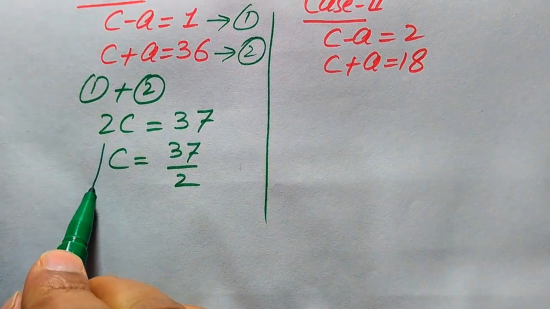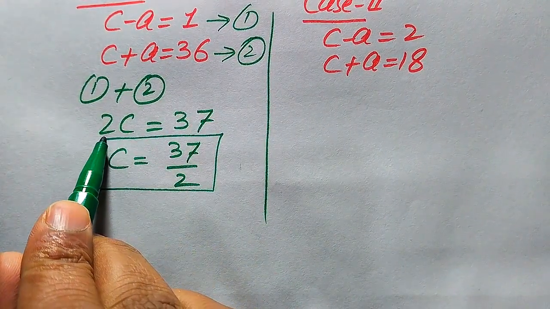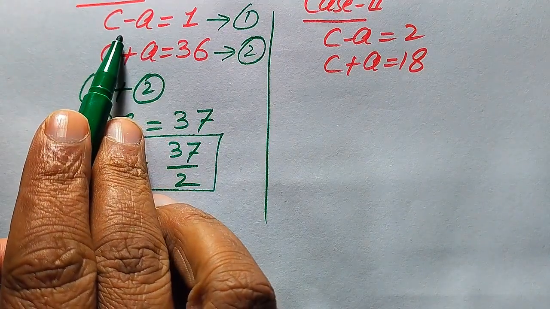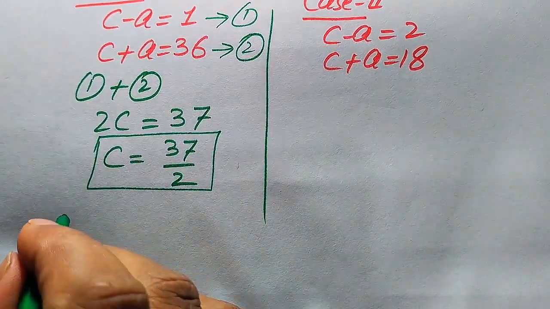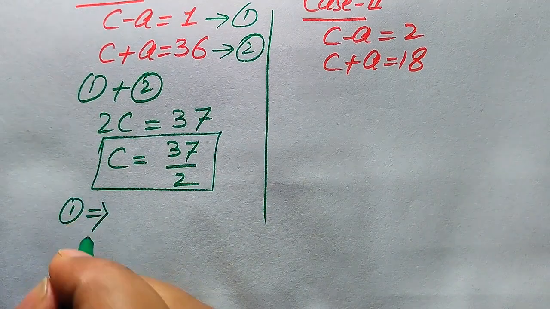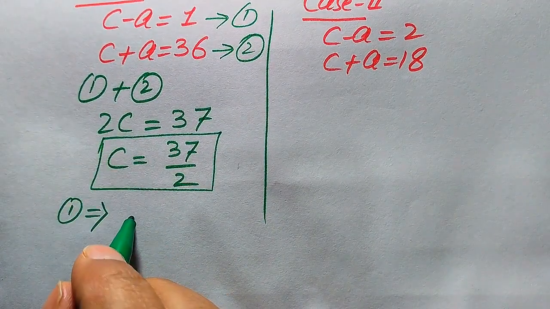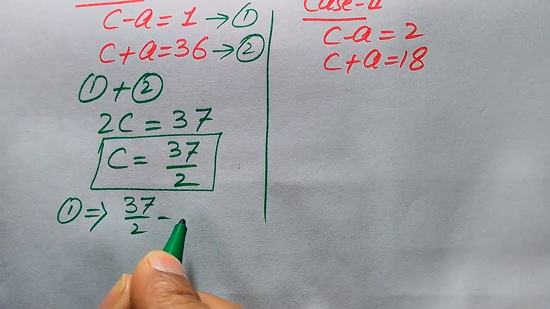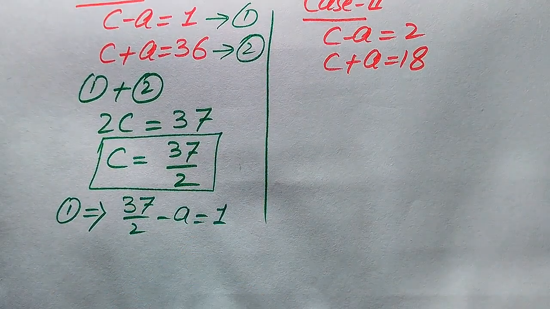So this is the value of c, and further, for the value of a we need to substitute this value of c in equation number 1 or 2. So equation number 1 implies that when you put it here it will be written as 37 over 2 minus a equals 1.